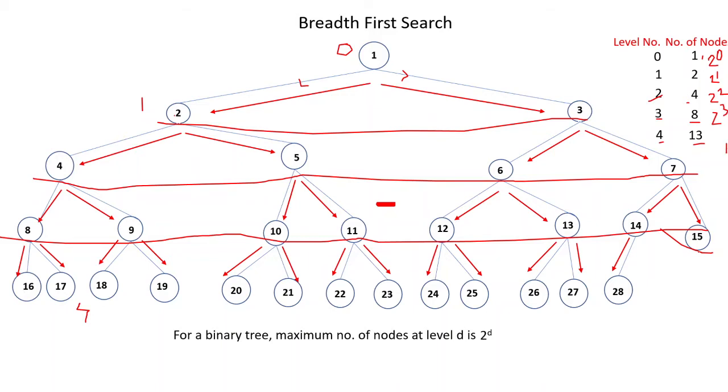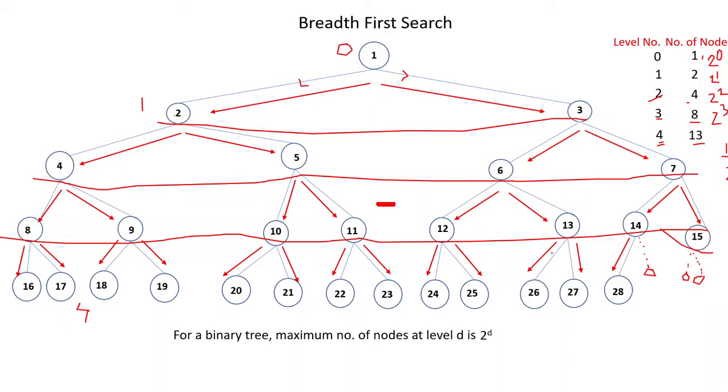Now since 14 has no successors and 15 is also a leaf node, that is a node without successors, 3 more nodes could have been added had this been a complete binary tree. So the maximum number of nodes at the 4th level could have been 16, or 2 to the power 4 nodes.